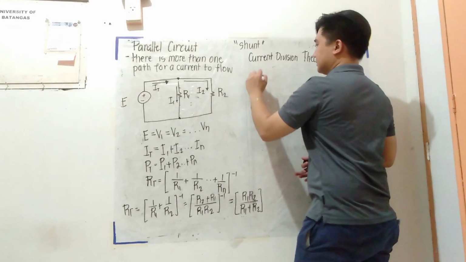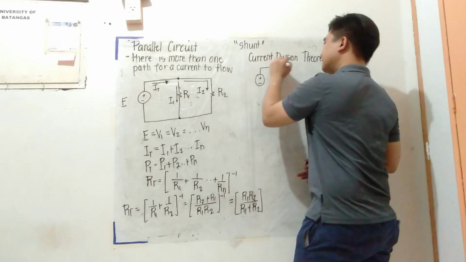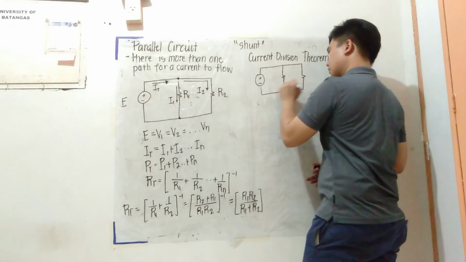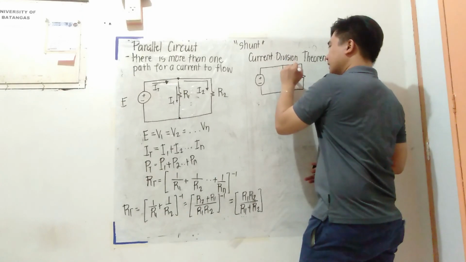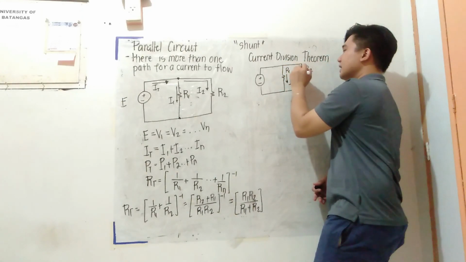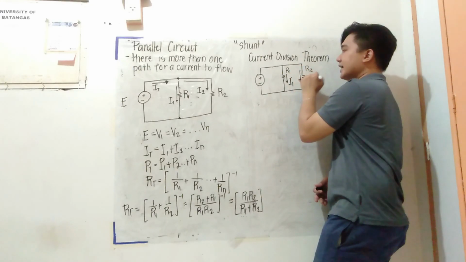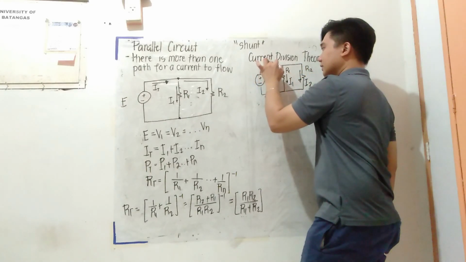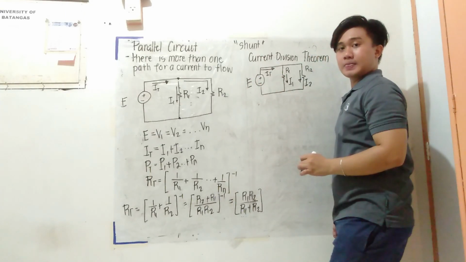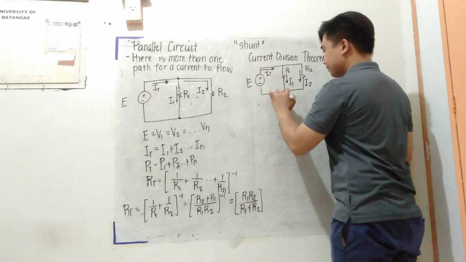Okay? So, for example, this circuit, this is R1, this is R2. Siyempre, ang dumadaan kay R1 ay si I1 at ang dumadaan kay R2 ay si I2. Okay? So, this is I total. This is supply E. Diba?